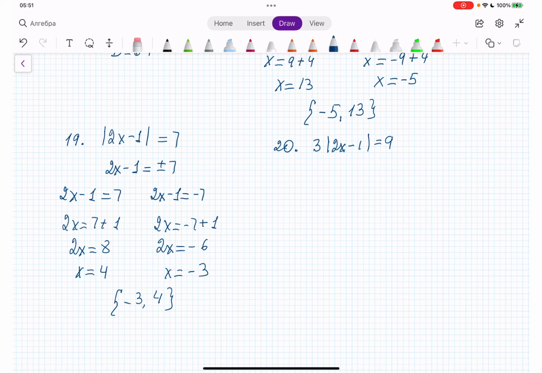So how are we going to solve? 3, meaning times, right here, multiplication. So I'm going to write down 3 times 2x minus 1 equal plus minus 9.